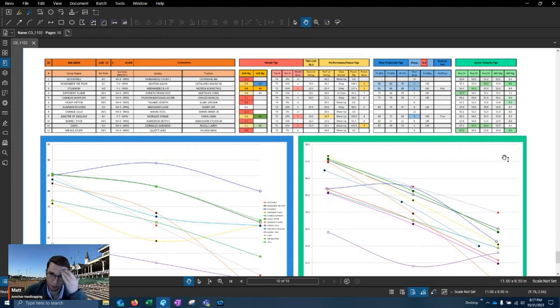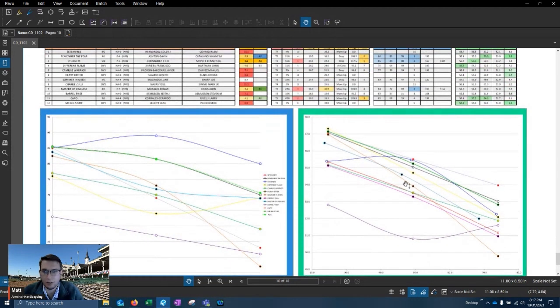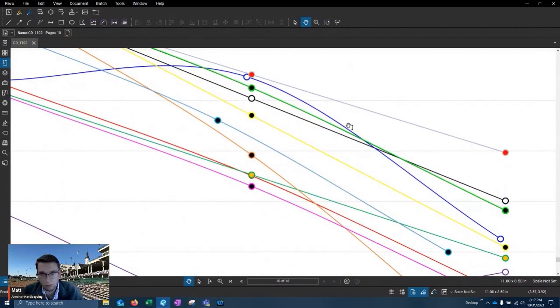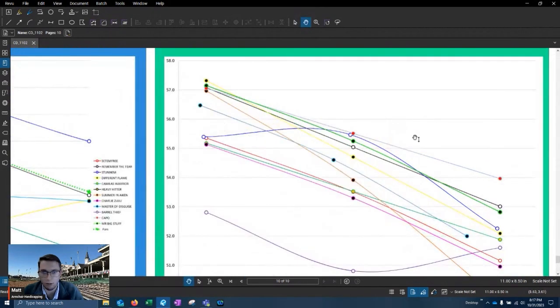Sometimes these first-time starters, if they have very similar workout patterns and workout times, might get very similar ratings. Nothing to be concerned about, that's just how math works out sometimes.